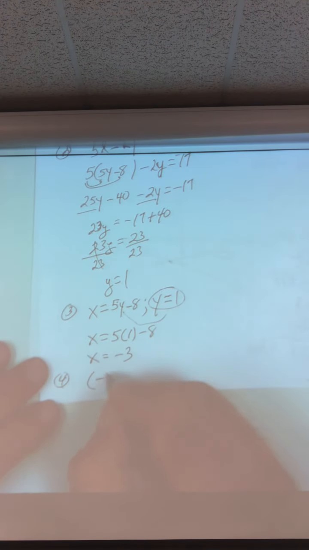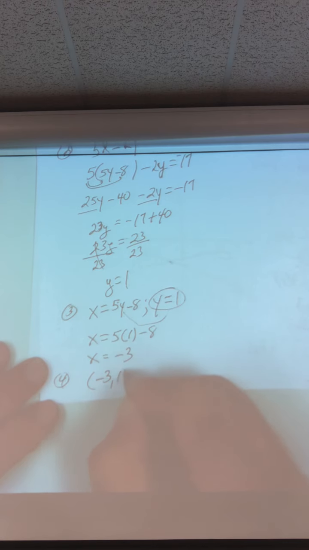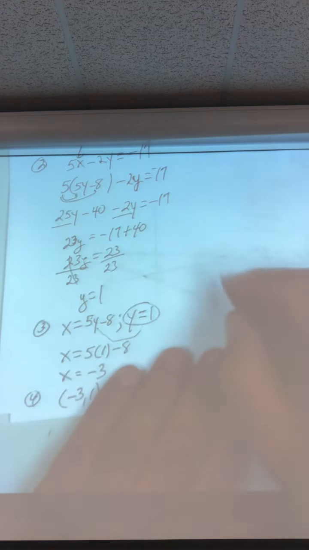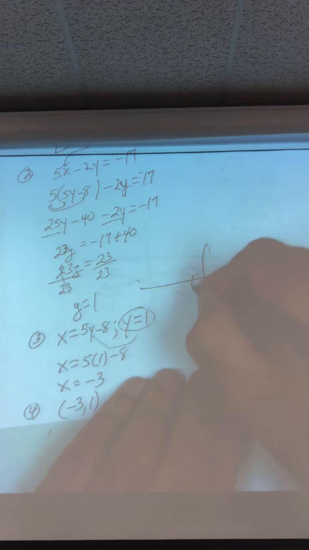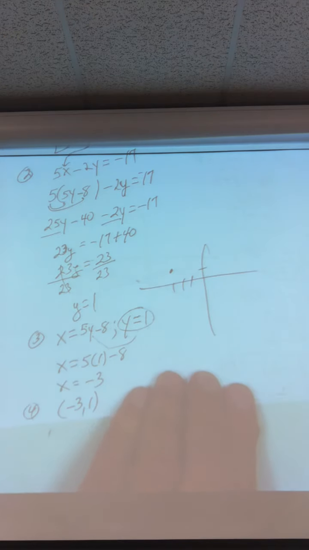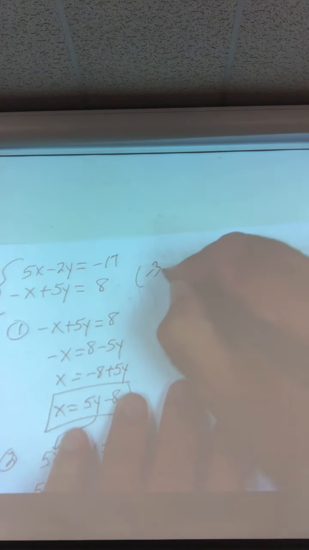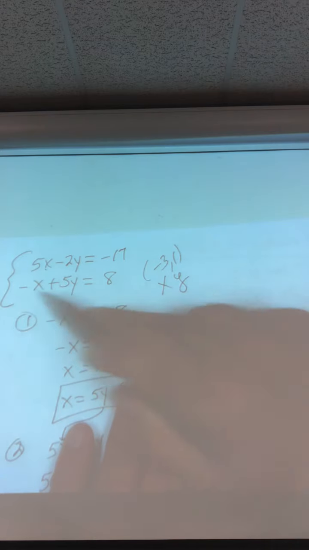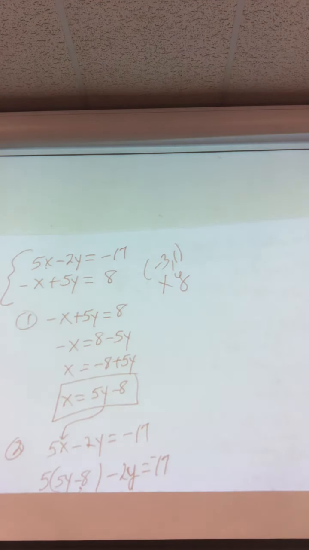And then step 4, write your final answer as an ordered pair. So if I was to graph these two lines, they would cross at negative 3, 1. Or if I wanted to double check my work, go back up to the top, replace x with negative 3, replace y with 1, and that equation should be a true statement.